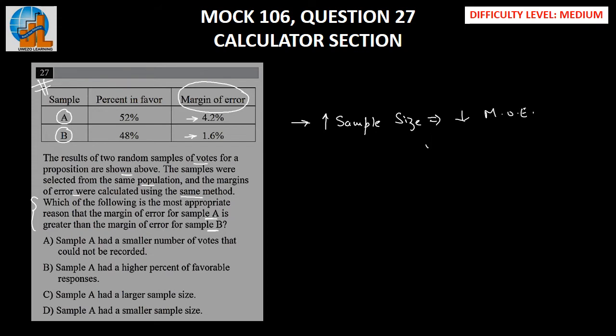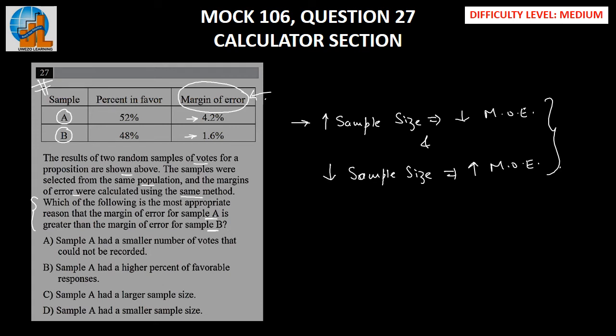And similarly, if the sample size is low, which implies the margin of error will be higher. So this is a simple fact that students need to remember for the questions based on margin of error.